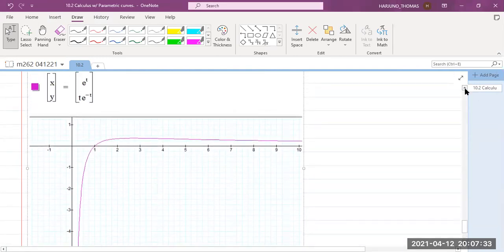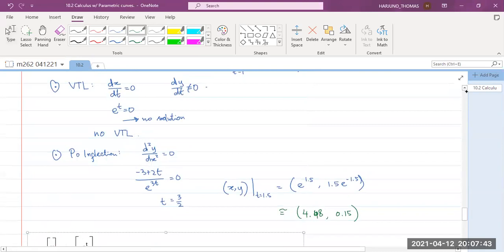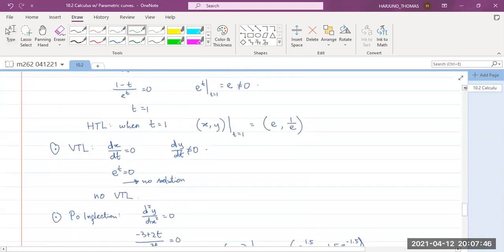Okay, where did we say our maximum point? I mean, the slope, when we have horizontal tangent line. Horizontal tangent line at e comma 1 over e.